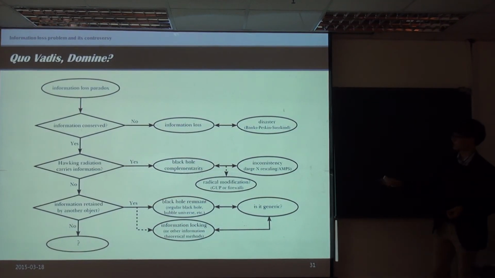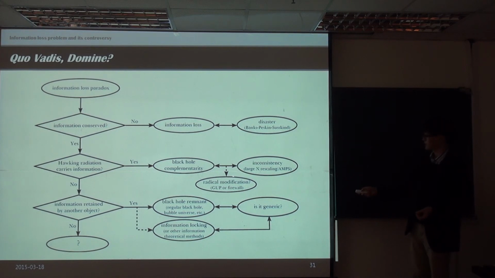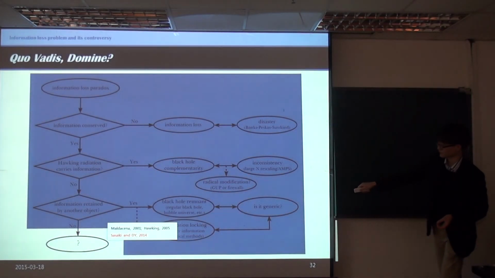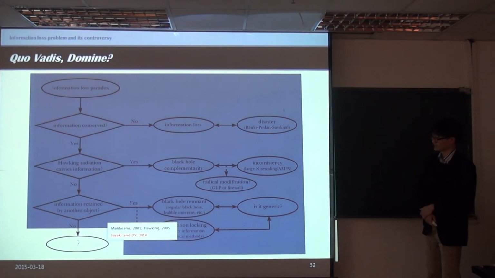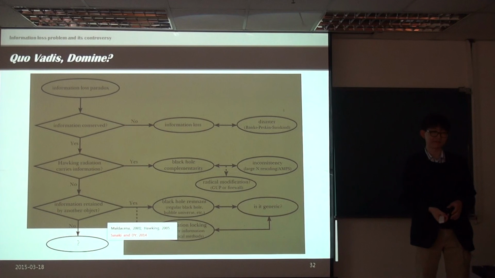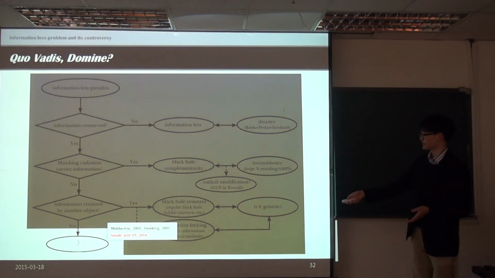Let me go back to this slide again. I believe that we should not go this way. Then we should go here, and either we say yes or no. Very recently I'm working on this final part. I cannot say the details of this idea, but if we have time, I want to say it.